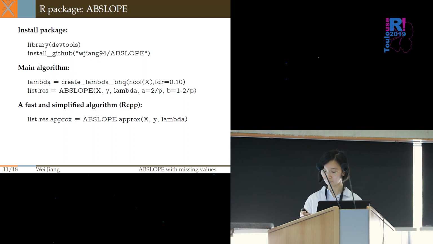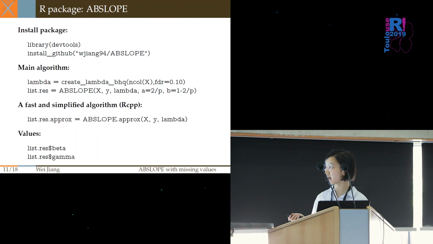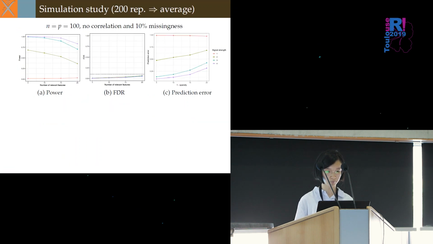In this algorithm, we approximate ABSLOPE by replacing the generation of missing values with a conditional expectation. The output of our function contains the estimation of beta and also the signal indicator gamma, which can help us to do model selection.